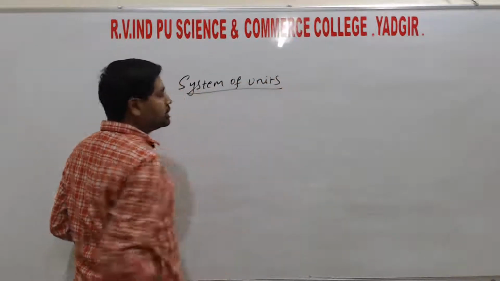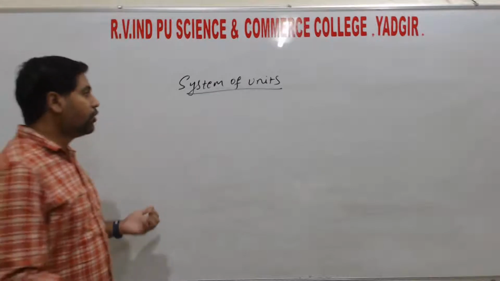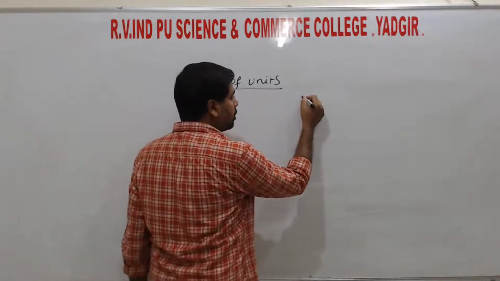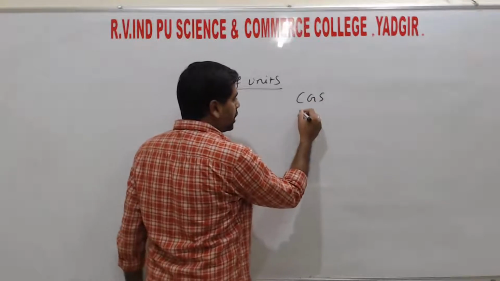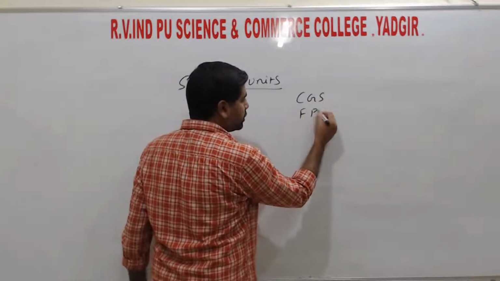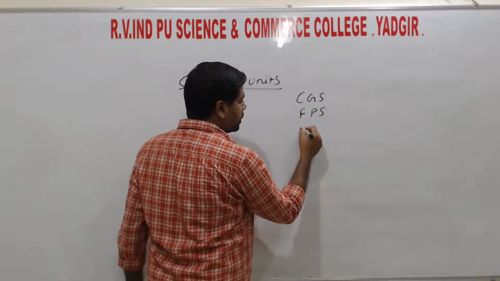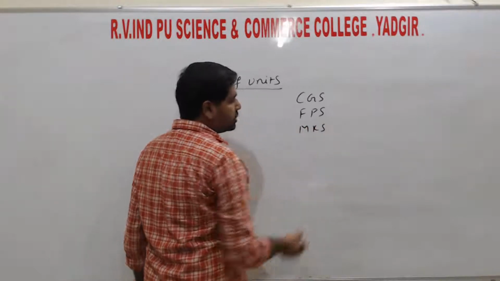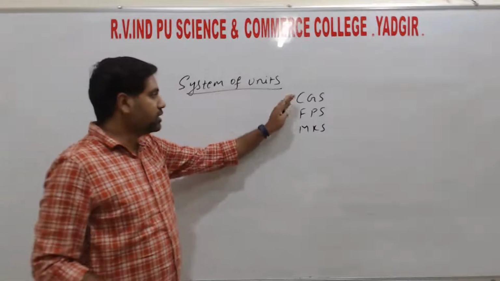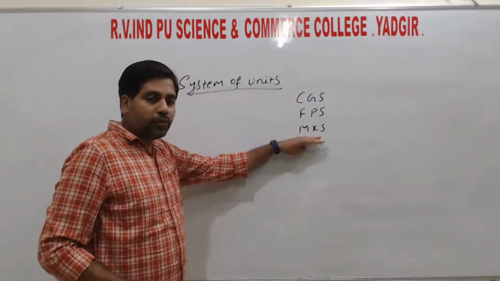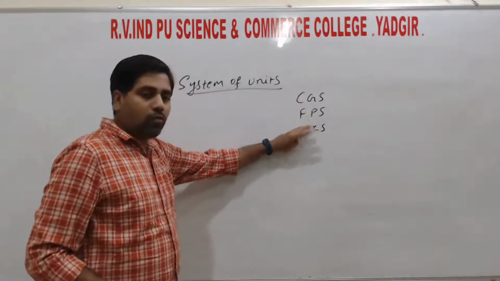We have old systems of units. A few old systems of units are the CGS system, the FPS system, and the third one is the MKS system. These are the systems of units, and these are old.